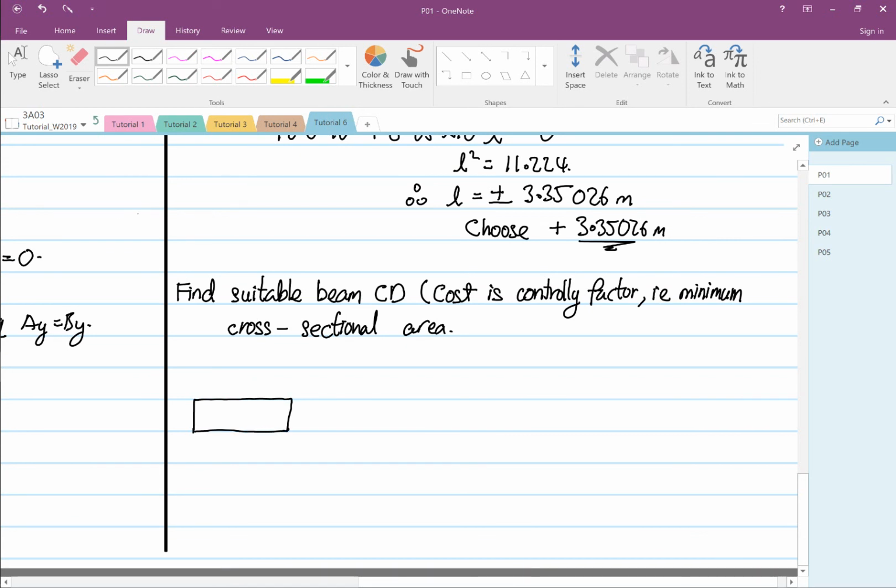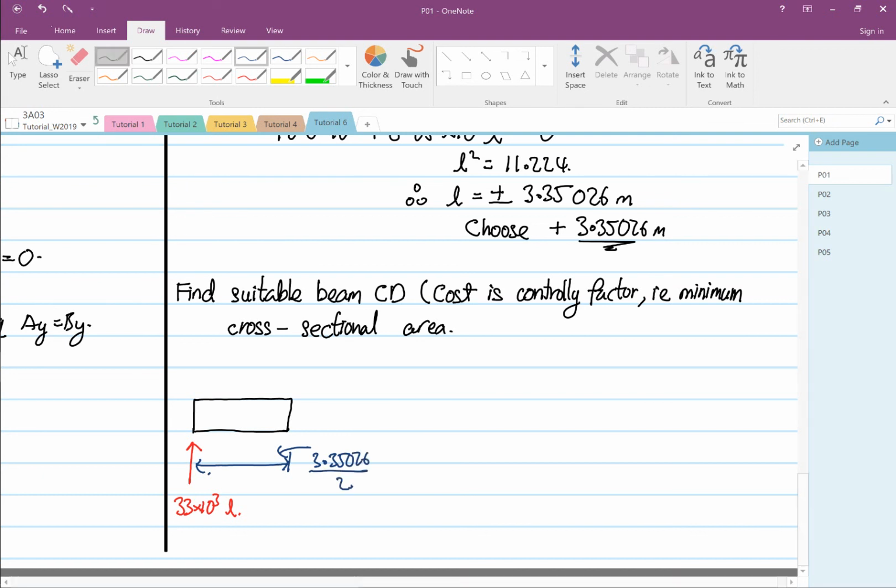Okay, so we know the load, I'm going to draw it in red, the load over here is 33 times 10 to the power 3 L, and then we are aware now the distance from here to here is 3.35026 divided by 2.